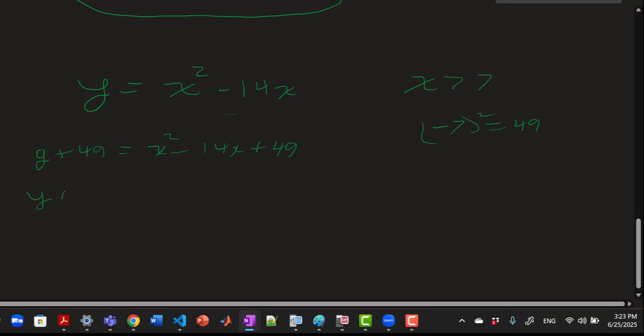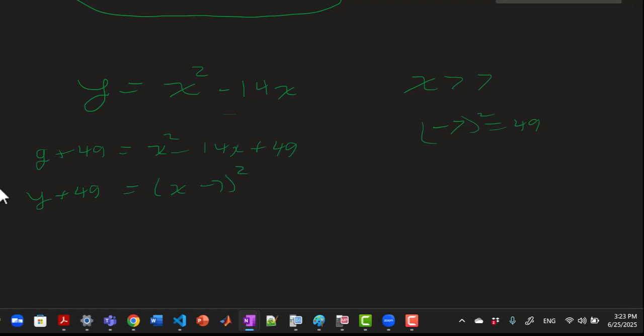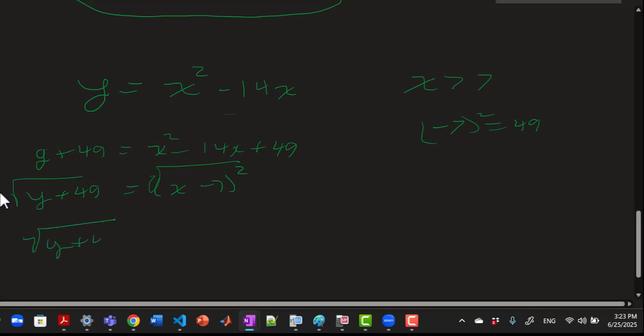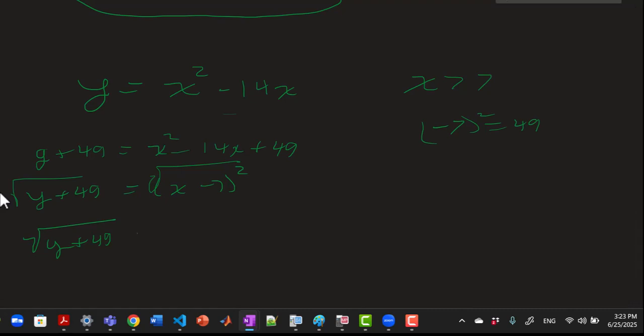Then this side is y plus 49. This side factors into x minus 7 squared. Take the square root of both sides, and I get the square root of y plus 49. Oh, I forgot to swap my x's and y's. We'll do that at the end.